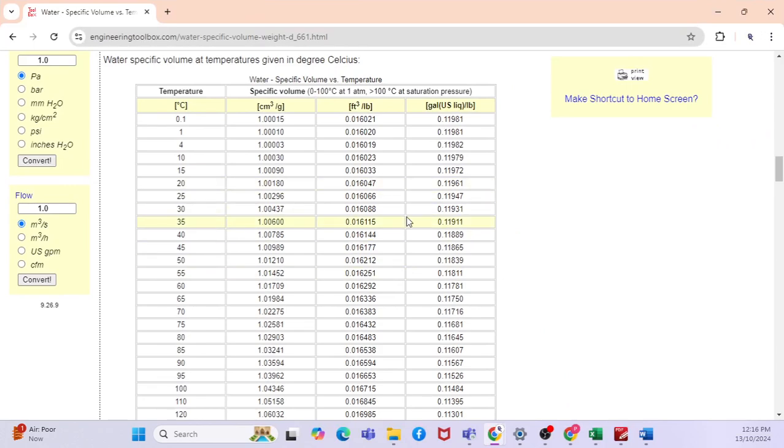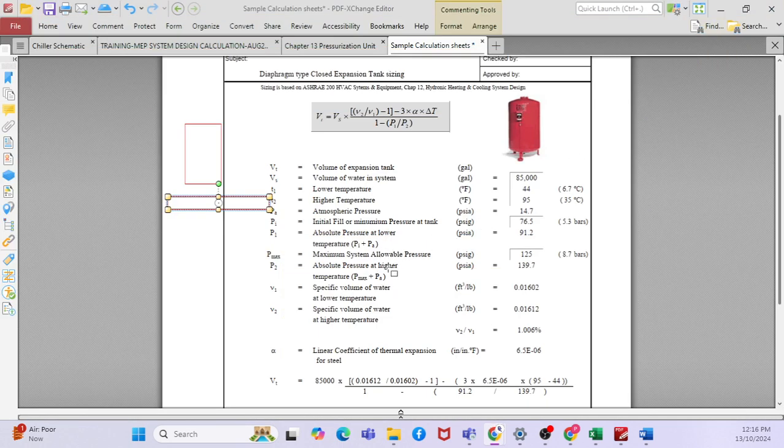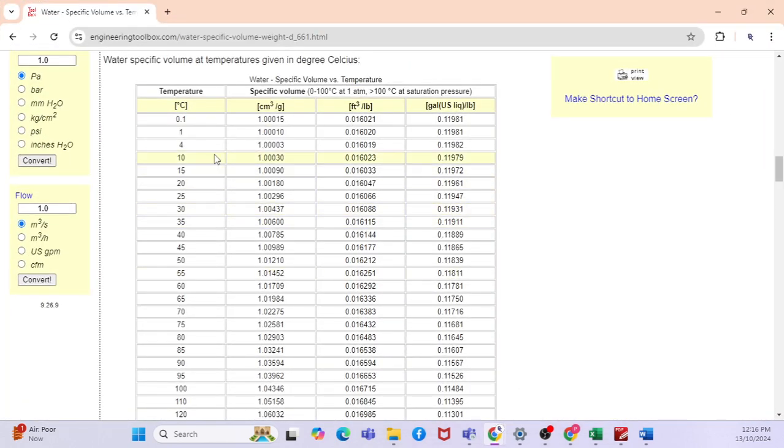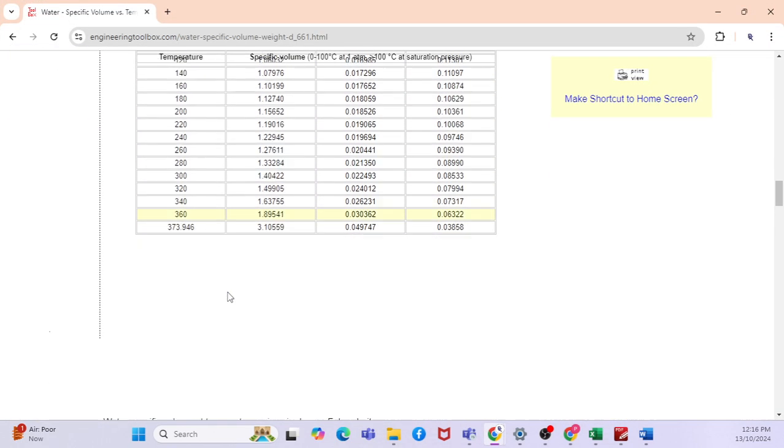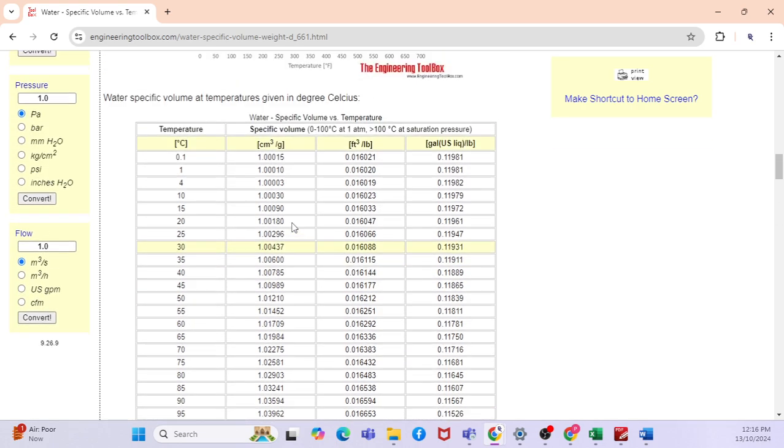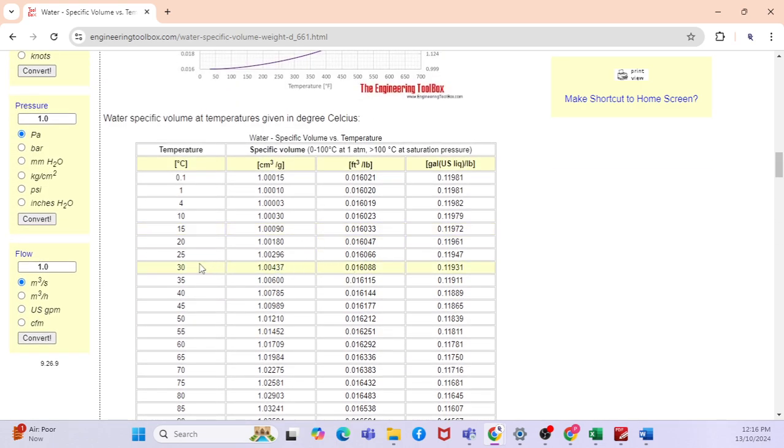If you Google it, you will get the specific volume at different temperatures, and that specific volume you have to use in this equation. For example, from temperature 1 to say 360 degrees, you can calculate the specific volume from this chart.